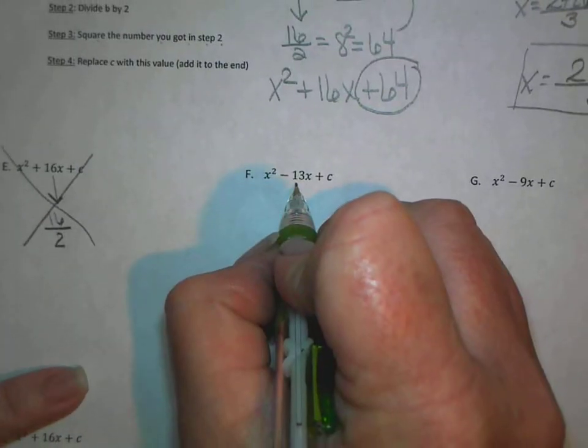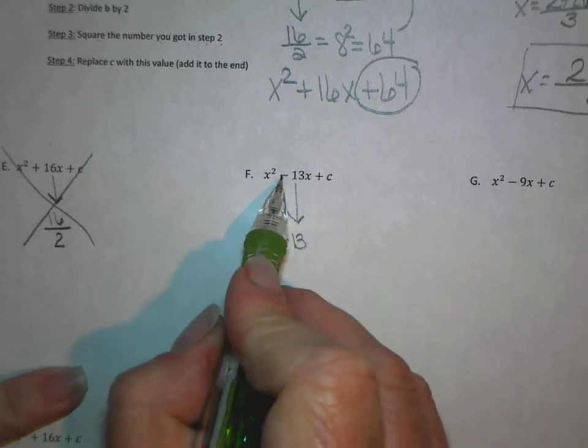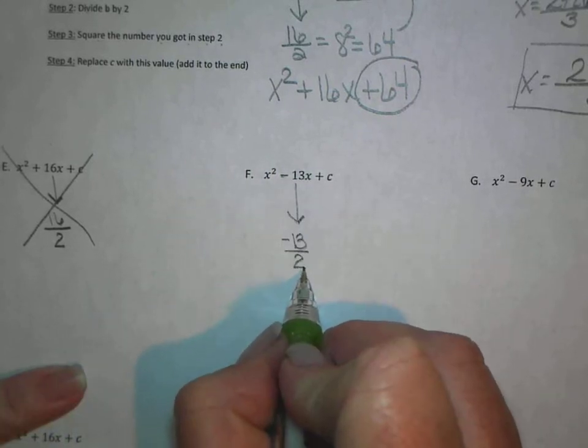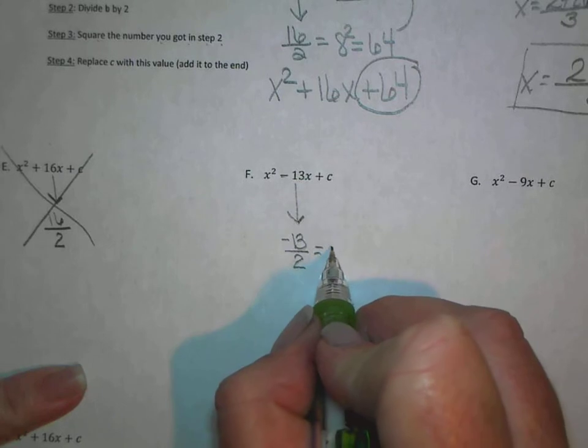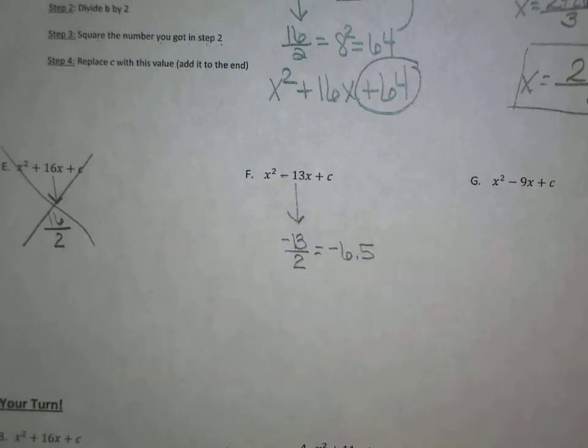All right, bring down b, negative 13. Notice I'm saying negative 13. You're going to divide that by 2. Yes, it's going to give you a decimal. So negative 6.5. But the rules don't change.